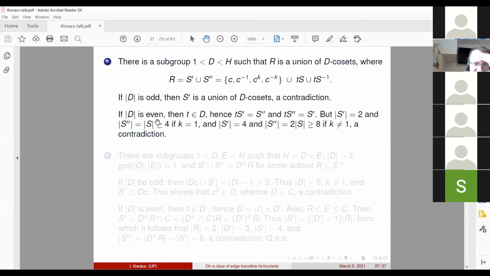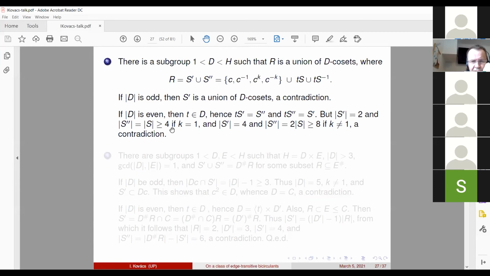And if D is even, then it contains the involution, but that means multiplying R with this involution should preserve R, and that would mean that T times H prime is H2 prime and T times H2 prime is H prime. So these two sets have the same cardinality, and you can see that it's either 2, but in that case, the cardinality of S is larger than 4. And this is the point where we use that the valency of the graph is at least 6.